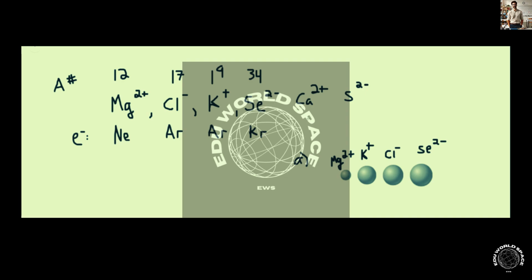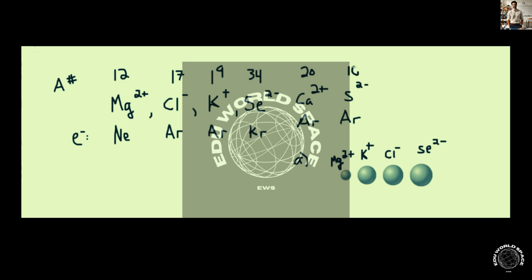Okay, calcium losing 2 electrons is represented by argon, and sulfur gaining 2 electrons is also represented by argon. So again, this is going to work out in this confusion here where these atoms go. And the atomic number of calcium is 20, and the atomic number of sulfur is 16.